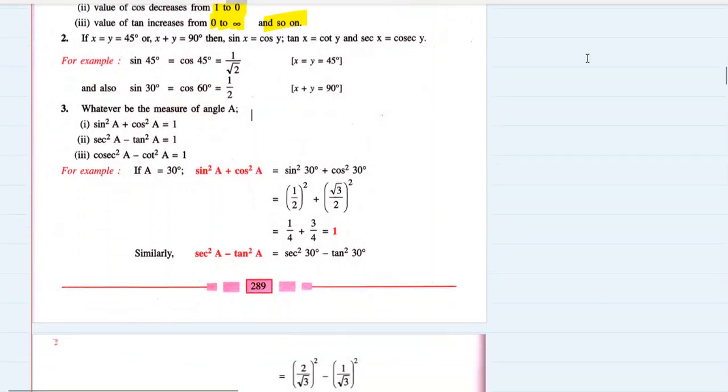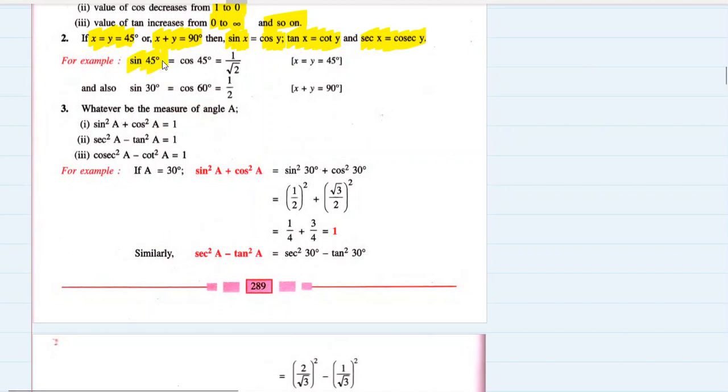If x and y both are equal to 45 degree, or x plus y is equal to 90, then sin x is equal to cos y. So that means if x and y both are 45, or the sum of both of them is 90, that means they are complementary angles, then sin x and cos y will be equal, tan x and cot y will be equal, and sec x and cosec y will be equal.